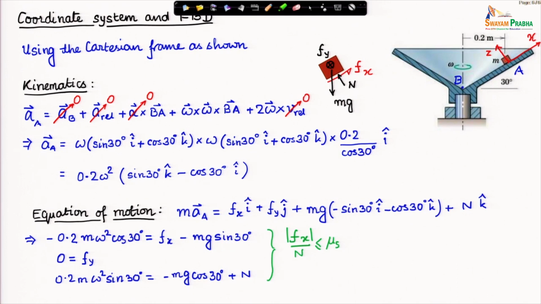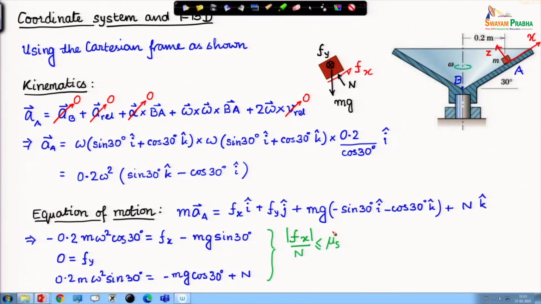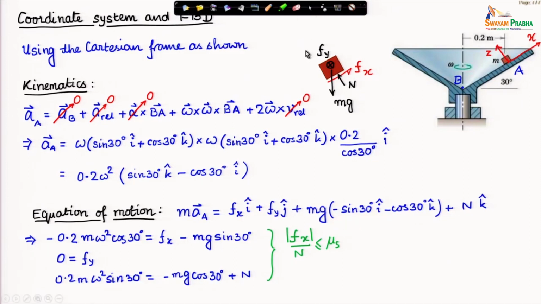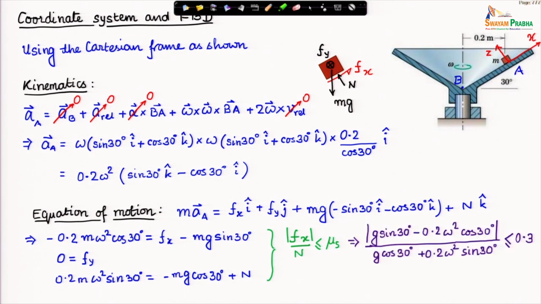Now, in this case it so happens that Fy is 0, magnitude otherwise would have meant the magnitude of the net friction force would have been the square root of Fx square plus Fy square. Because Fy is 0 as it turns out, therefore, it is only the magnitude of Fx. Now, this condition must be satisfied for no slip.